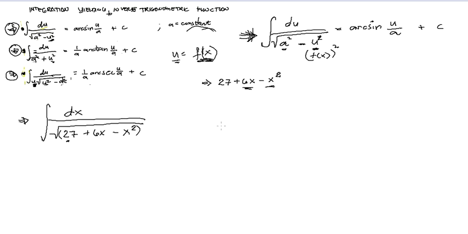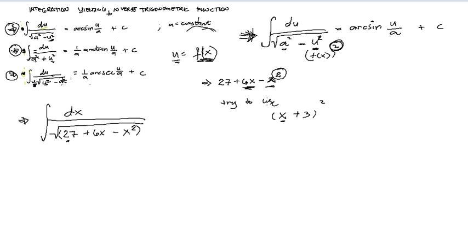Let's do the completing of squares, since we need the square. Since we have x that is being squared, we have some value of x here, and since we have 6x, think of a number that results in 6x if it is being squared. So maybe we have a positive 3.